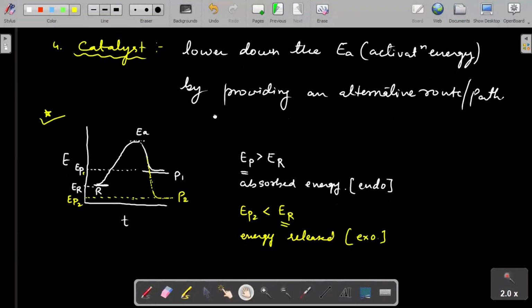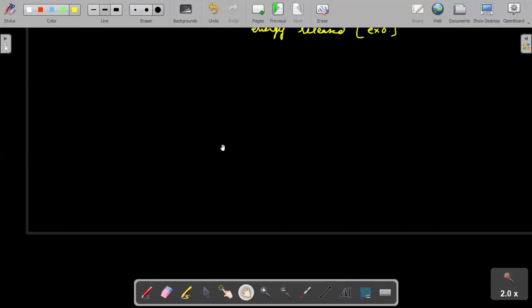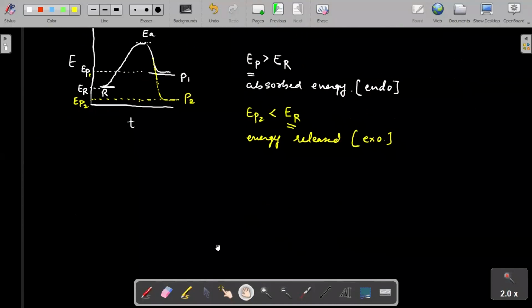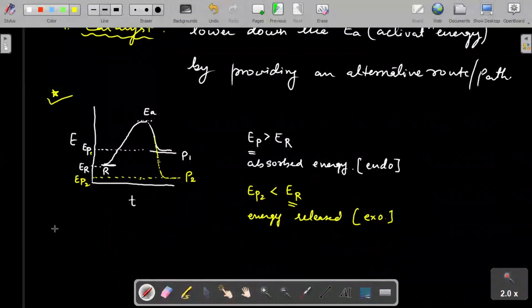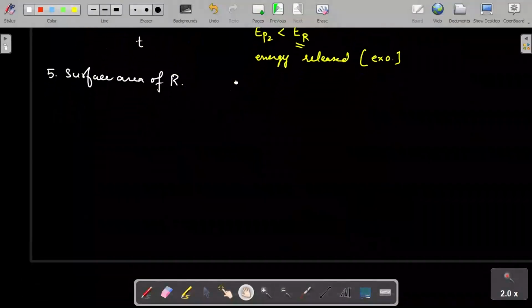Now let us move to the next topic of the chapter. The next point after catalyst is the fifth point, surface area. Surface area of reactant: the more the surface area, the faster will be the reaction.